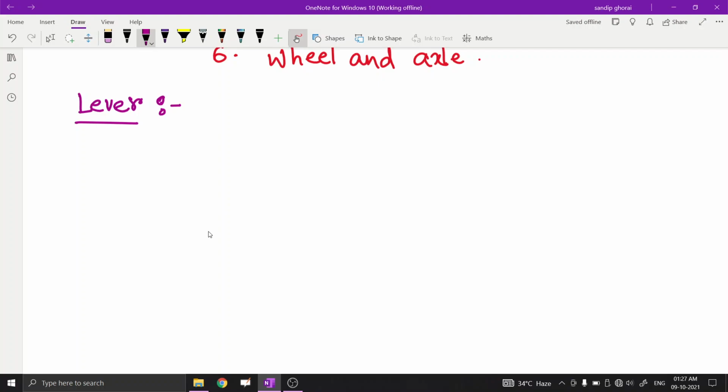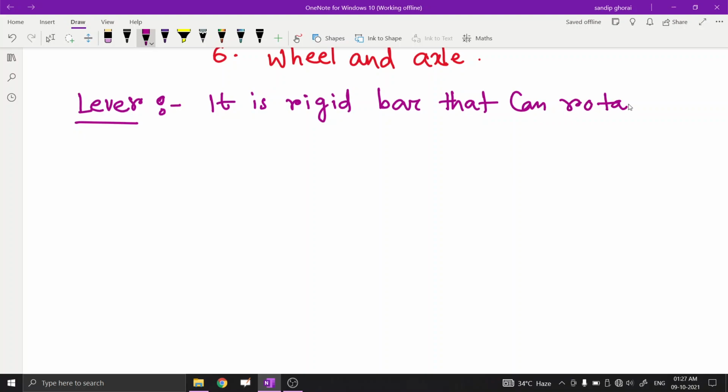A lever is a rigid bar that can rotate freely about a point.